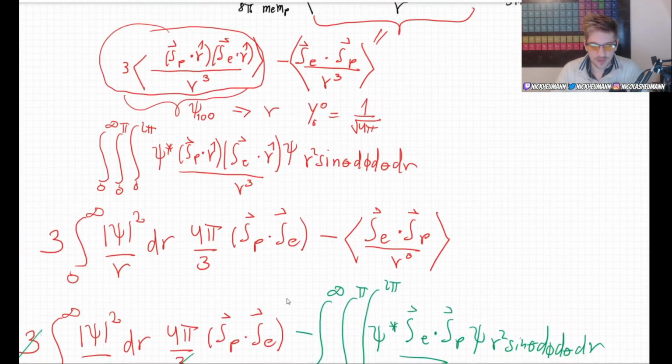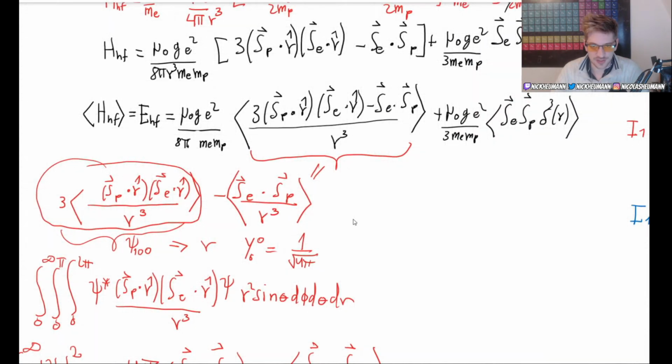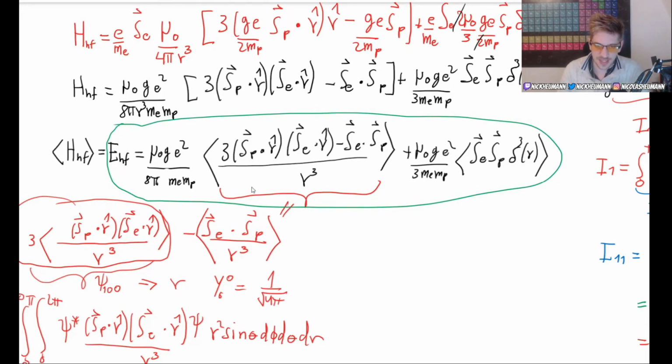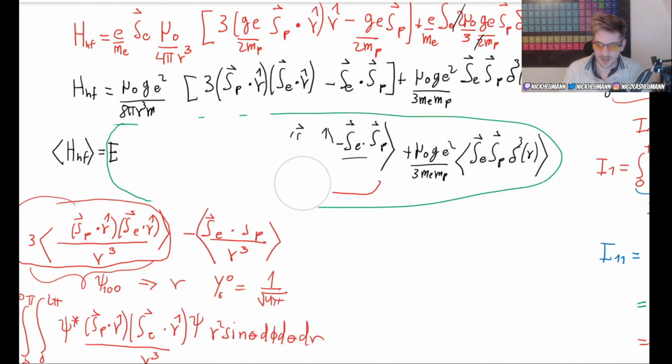But now that we know that that is 0, we can go back, maybe more than a little bit, to this formula right here, which was the energy for the hyperfine structure. We now know that this entire first part is 0.